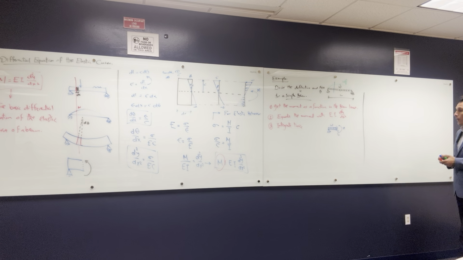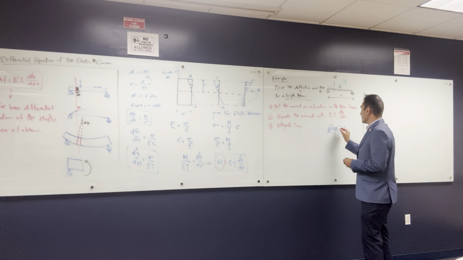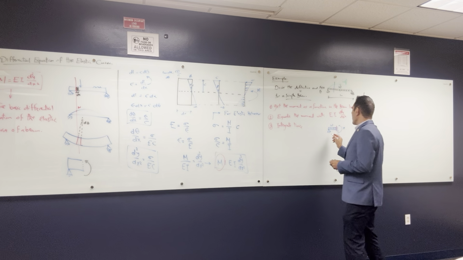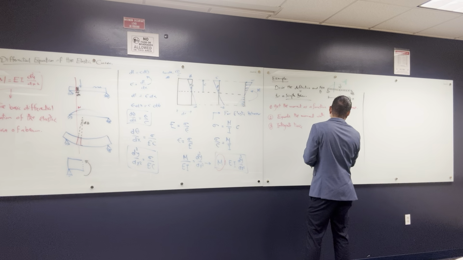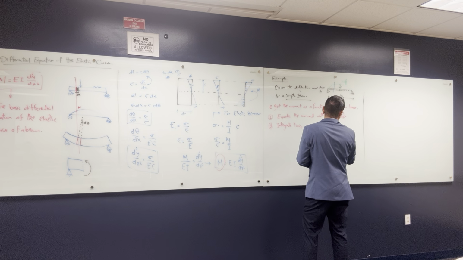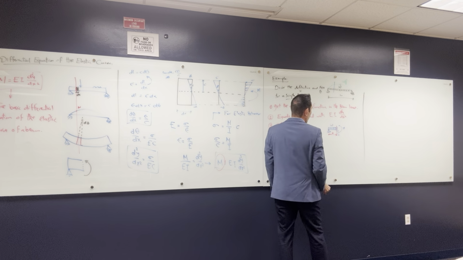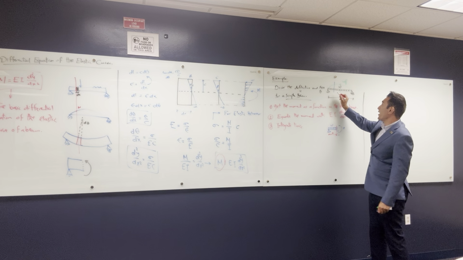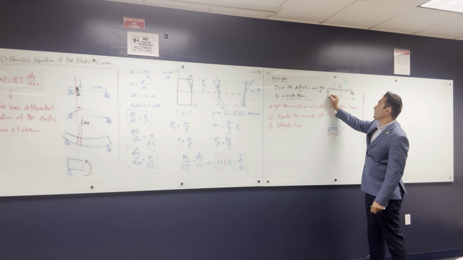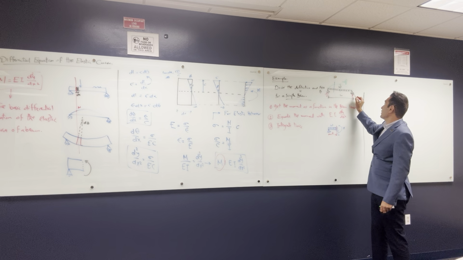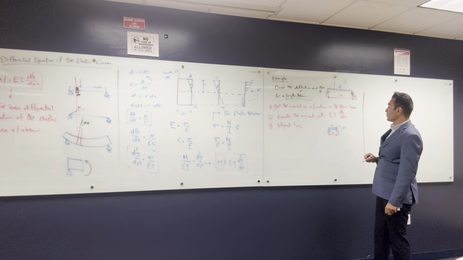Okay, so let's solve this beam. What we are interested in, we need to get the value of the moment here as a function of the distance x. Like I pick the distance x and I want to find what is the moment here. To do this, you need to get the reactions. You know that the reaction here is WL over 2, right? And here, WL over 2.